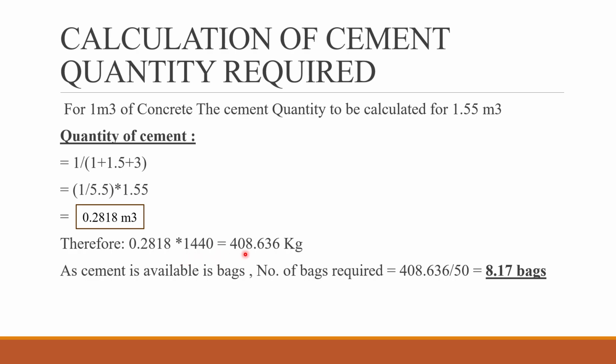As we all know, cement is a material which is available in bags, so to convert into the number of bags, I have divided the required amount of cement by 50, as one bag of cement is equal to 50 kgs. The number of bags required for the obtained volume is 8.17 bags.